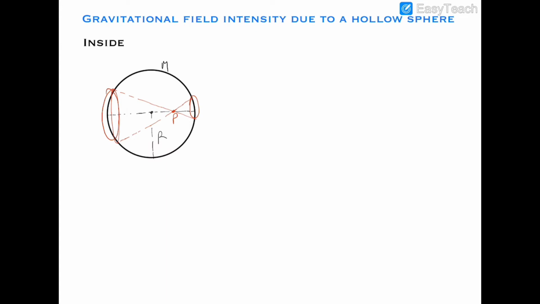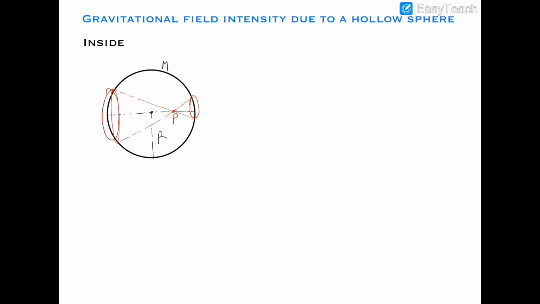If you are wondering that this mass is lower than this mass, so how is it possible that its gravitational field would be cancelled with this one, you can also see that the distance of point P from this mass is lesser. So it will compensate for the amount of force which is less due to the lesser mass.